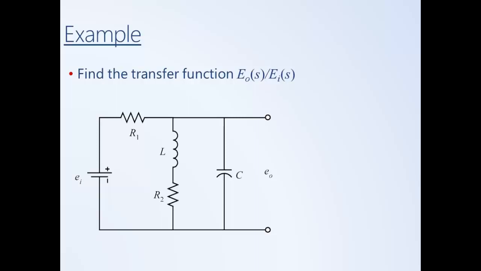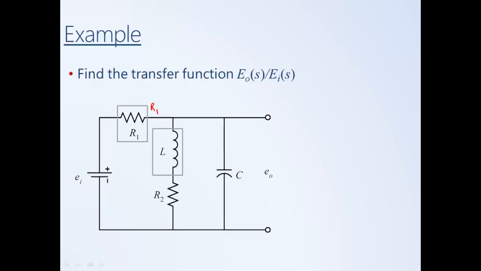So the first thing we need to recognize is what are the complex impedances of the individual components. If you recall, the complex impedance of a resistor is just its resistance. So the impedance of this resistor is just R1. Recall what the complex impedance of an inductor is.